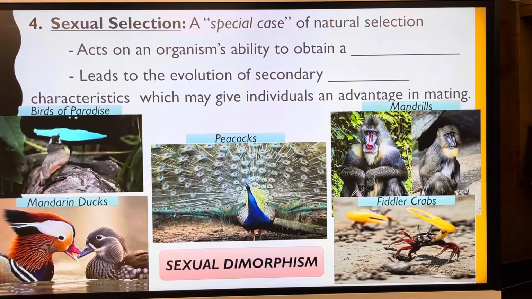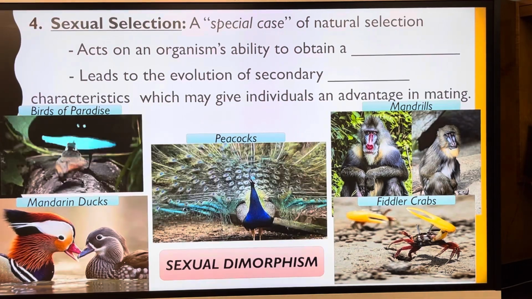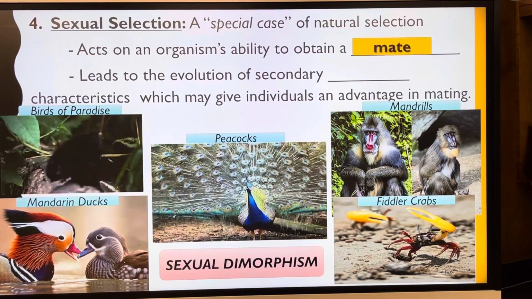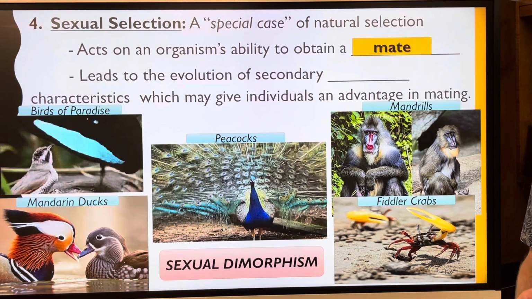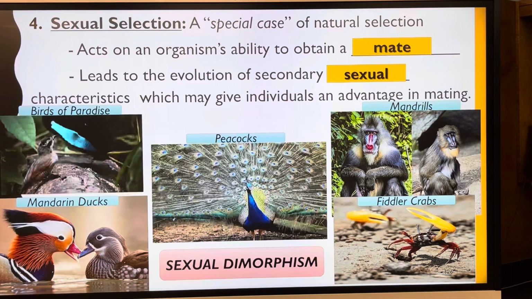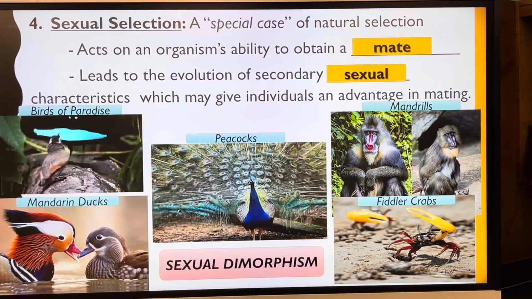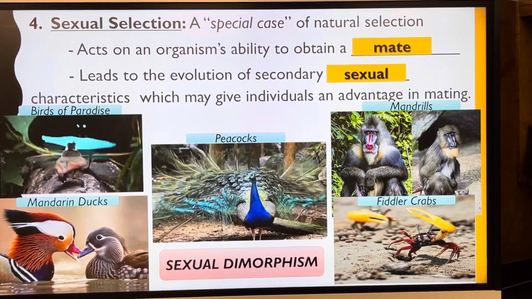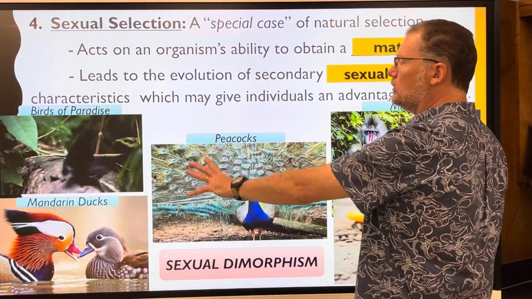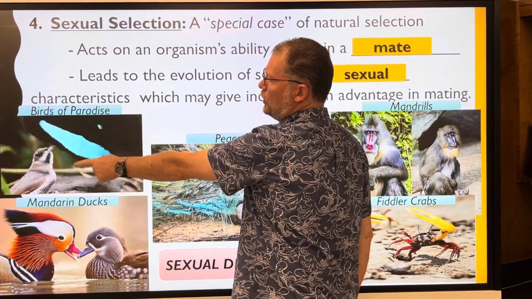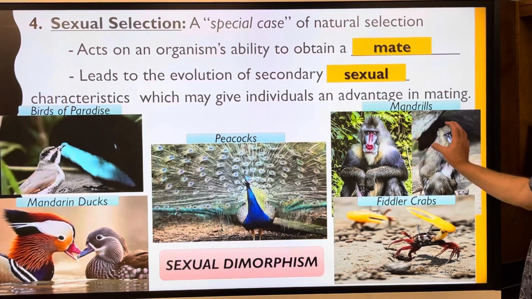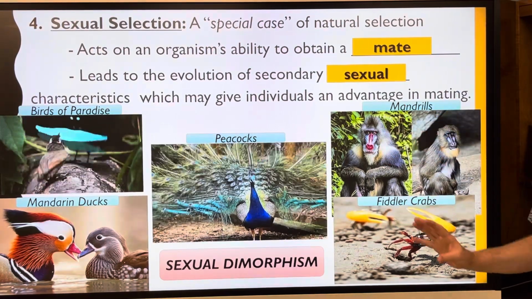And then the fourth one, sexual selection. So this is a special case of natural selection. It acts on an organism's ability to obtain a mate. Leads to the evolution of secondary sexual characteristics. And of course, these give advantage in mating. So all the colors and the dancing courtship displays, the difference between male and female mandrills. A mandrill's kind of like a baboon.